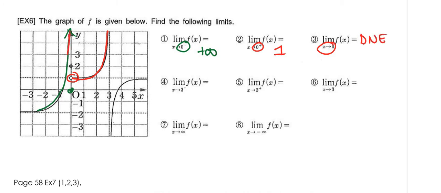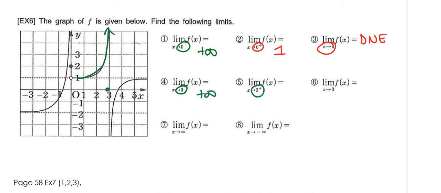Okay, let's move on to the next row. Let me just erase the colors here if I can. Get my eraser out. Great. Okay, so let's move on to question number 4. Now I'm approaching 3 from the left-hand side. So here's 3, and if I'm approaching it from the left-hand side, the height that I'm approaching is positive infinity.